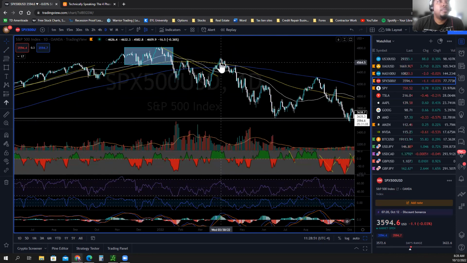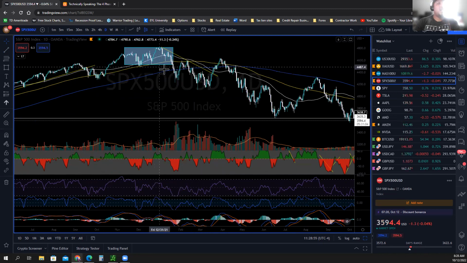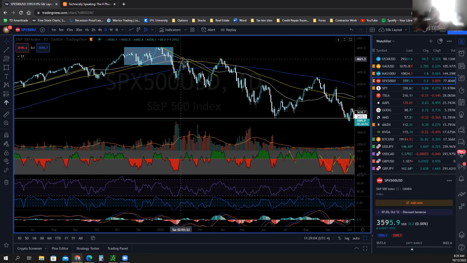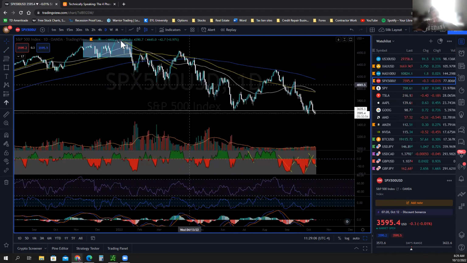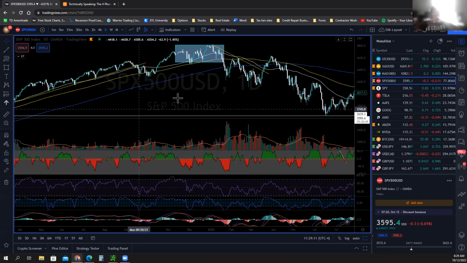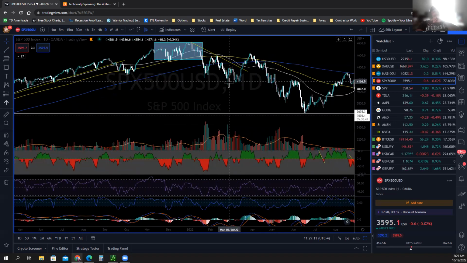But this was telling us here that it's a change in structure, right? You went from an uptrend into consolidation, and then now we're falling down into a downtrend, right? So that's how that transition works.